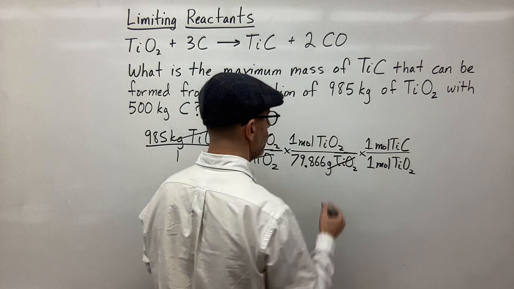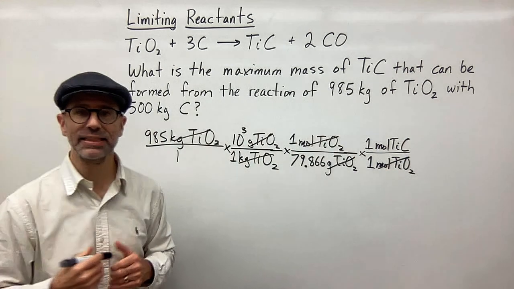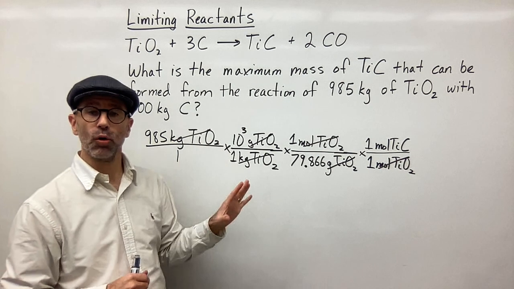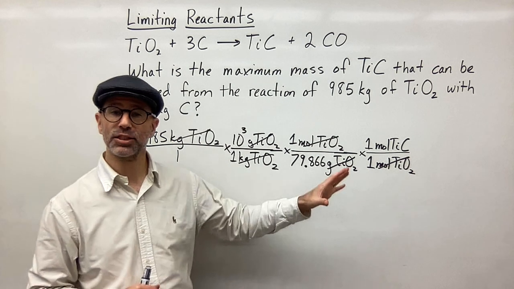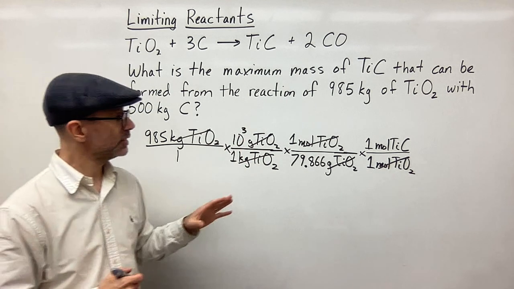There you go. So moles of TiO2 cancel out. Now I have moles of TiC. And so now I can start to convert moles of TiC to mass, to grams and then kilograms of TiC.